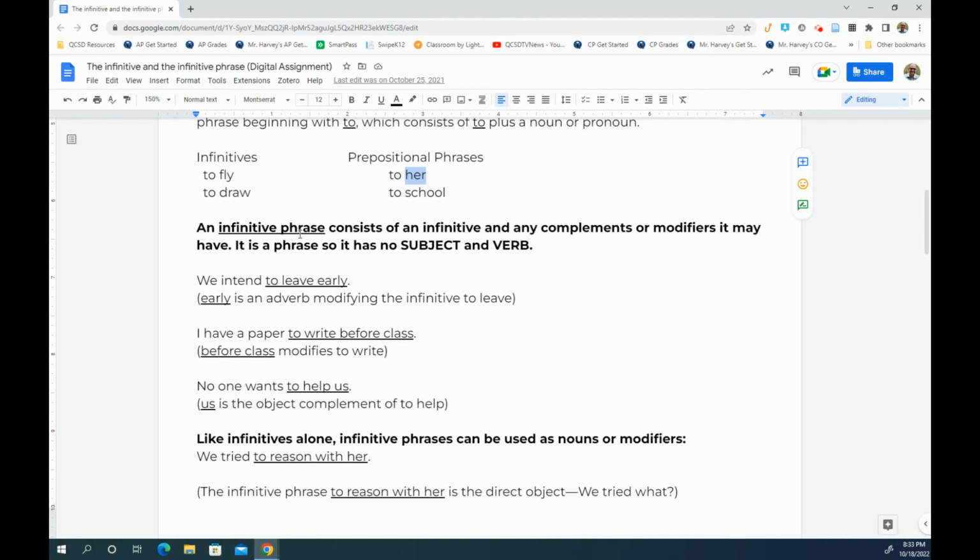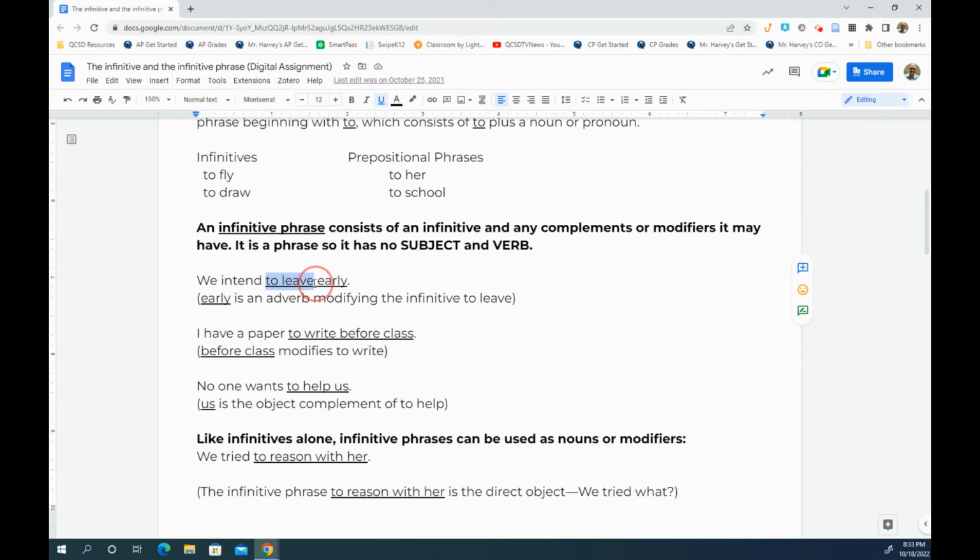An infinitive phrase consists of an infinitive and then any of its modifiers or complements that go along with it. In this sentence down here, to leave is the infinitive, and early is an adverb that's modifying the infinitive. So if I said we intend to leave early, that would be the whole phrase.